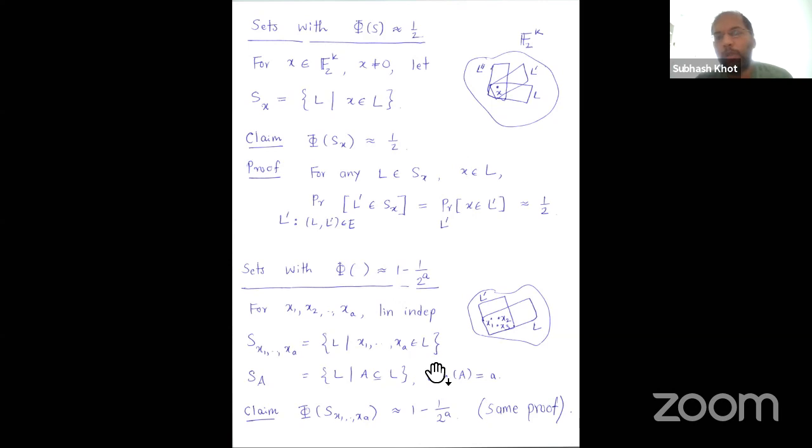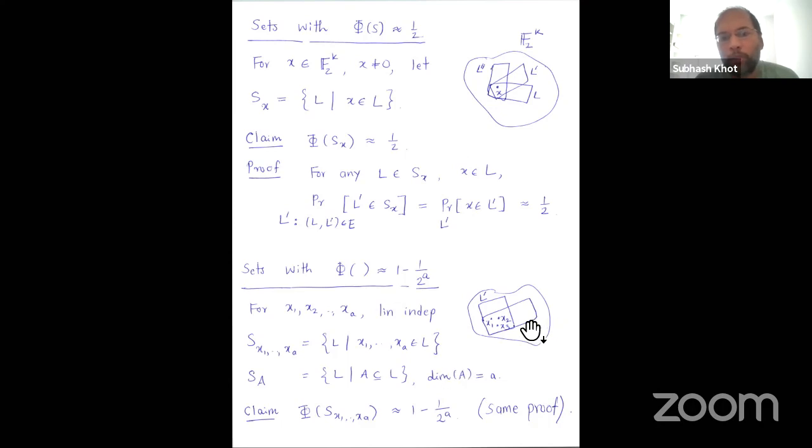Right, and then what's the expansion of this set? I claim that it's 1 minus 1 over 2 to the little a. For the same reason: if I take a subspace L which contains, in this case, all 3 points x1, x2, x3, and then move from L to L prime, what's the probability that all 3 points are also contained in L prime? It would be 1 over 8, because the intersection of L and L prime is half of the space L. So the probability that all 3 points remain in that half of L is 1 over 8.